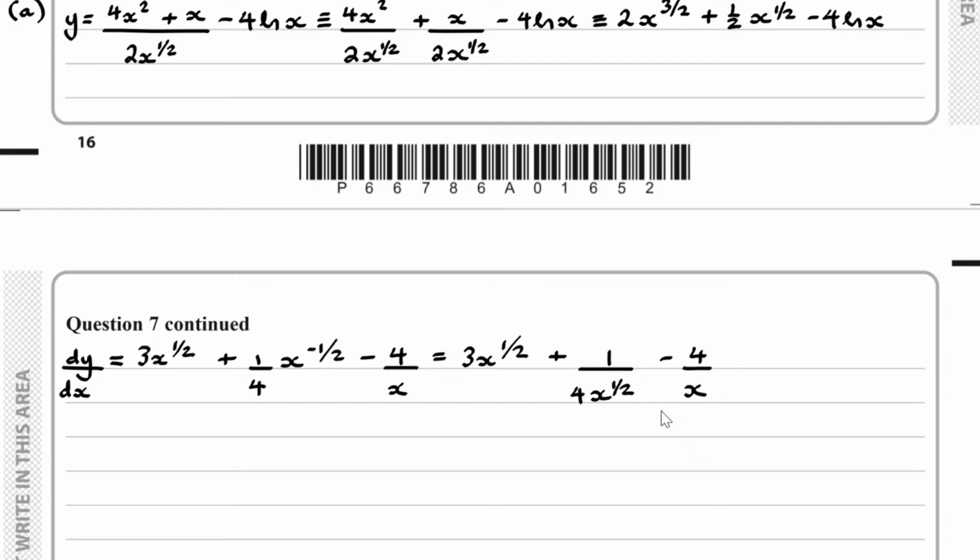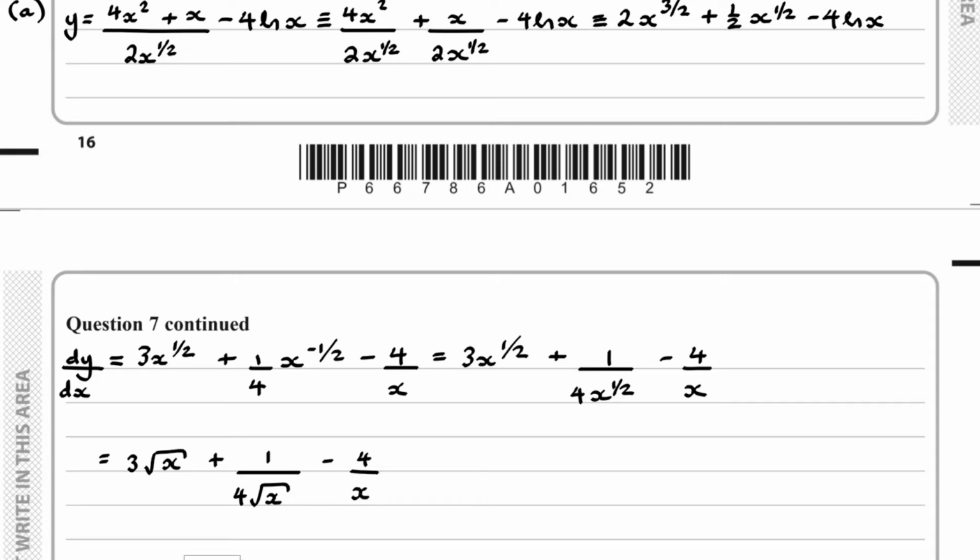Now at this point we can write each of these terms over a common denominator. But before we do that, let's convert these x to the halves into root form. So we have 3 times by the square root of x plus 1 over 4 times by the square root of x minus 4 over x.